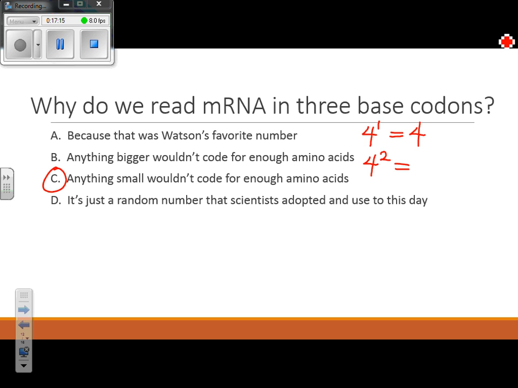Well, that would give me 16 different possible combinations, which once again is still not enough for our 20 amino acids. So we get to this 3 base codon, and when we look at 4 bases in combinations of 3, we actually come up with 64 different possibilities here. And so this codes for our 20 amino acids and then some.